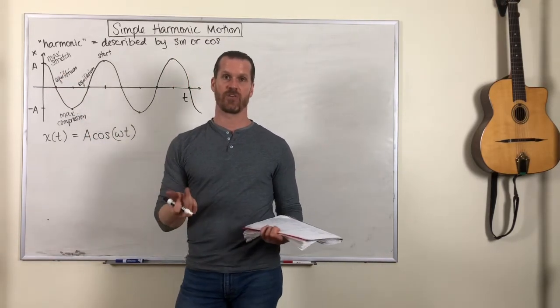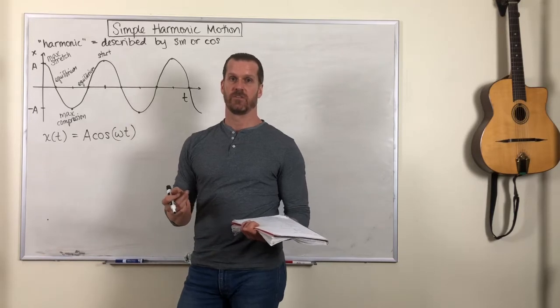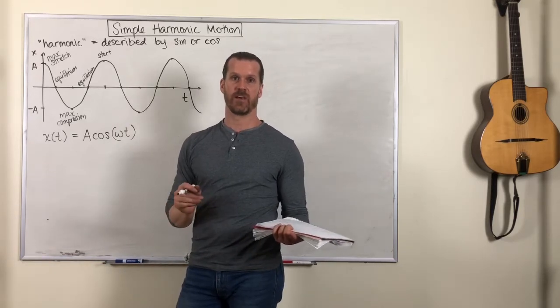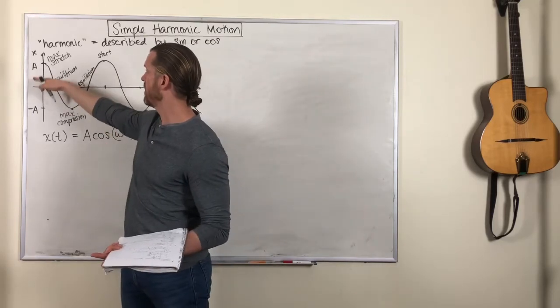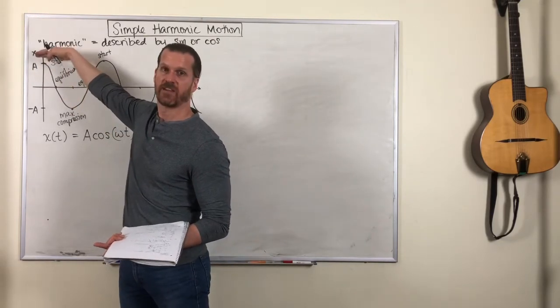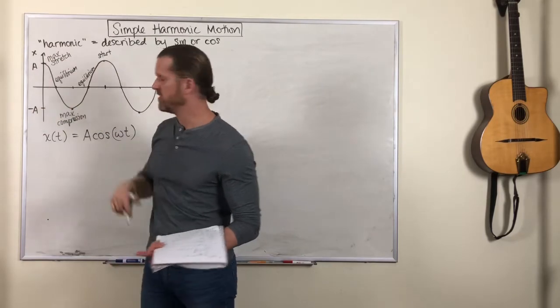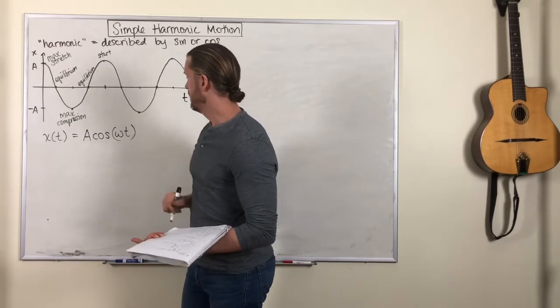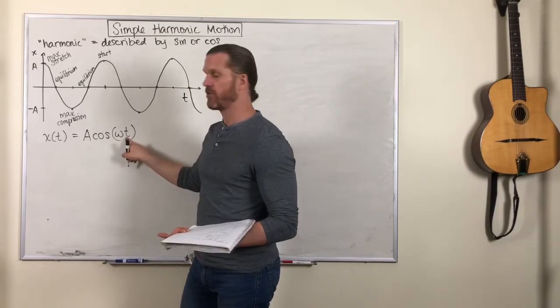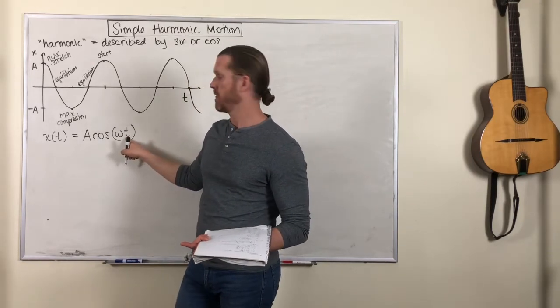So remember, cosine has a maximum value of 1 and a minimum value of -1. So if we multiply by A, we scale this graph so that the maximum value this can have is A and the minimum value you can have is -A. And t is our independent variable.